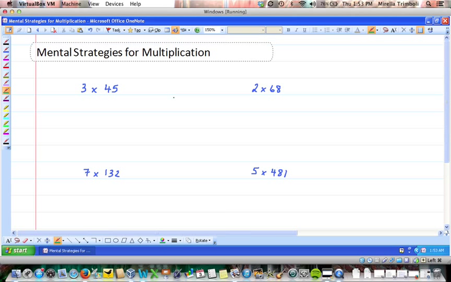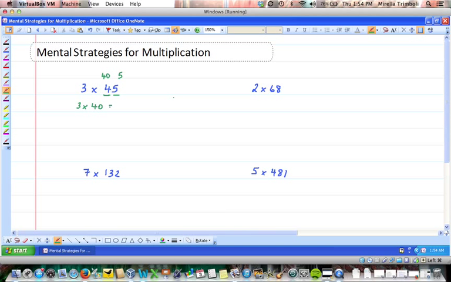Okay, so what we'll do to do 3 times 45, instead of doing the long written method for multiplication, we'll look at partitioning the number just like we did for addition and subtraction. So what we'll look at is the 4 will represent 40 and the 5 will represent just 5 being in the ones column. So what we're thinking about is 3 times 40.